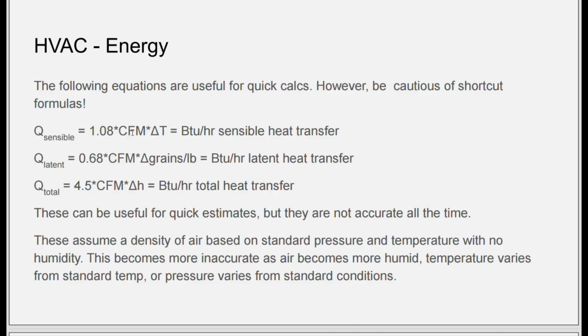If your air is hot or very cold, then the density is going to be different than standard air conditions, so that makes the 1.08 inaccurate. And also, if you've got humid air where your humidity ratio is relatively high, then your 1.08 is also not going to be accurate. So that's a word of caution there.